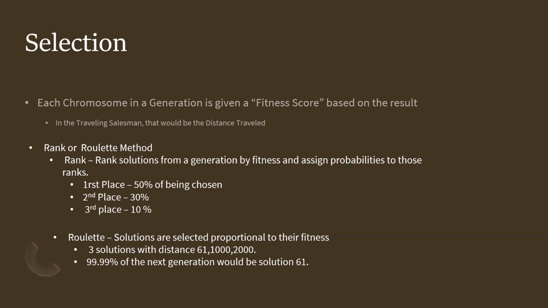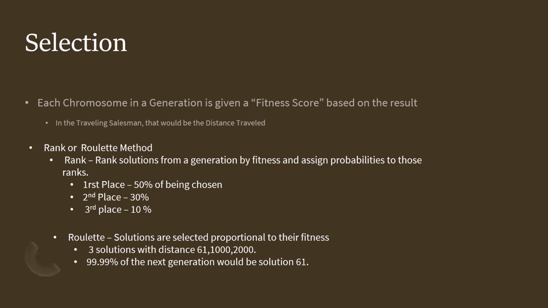Or you could do roulette, where you would have solutions selected proportional to their fitness. This does introduce some negatives. An example would be 3 solutions with a distance of 61, 1,000, and 2,000. This is an extreme example, but 99.99% of the next generation would be solution 61, if those are the top 3 places, because every other answer is so far away from an ideal or a reasonable fitness score that the entire next generation would just be that, and then you would have a monoculture.